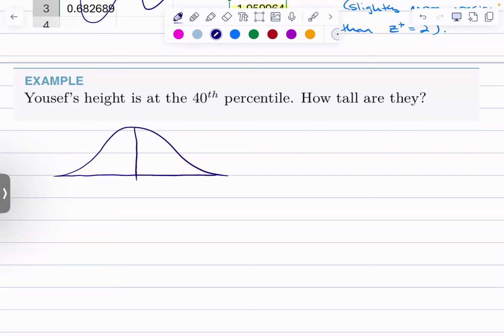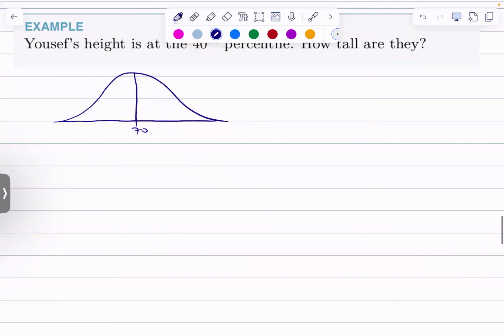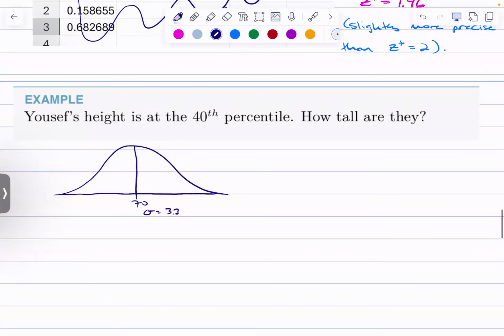Heights are still centered at 70, and they still have a standard deviation of 3.3. If Yusuf's height is at the 40th percentile, that means 40% of heights are below his height. What does that tell me about where he falls on this number line?